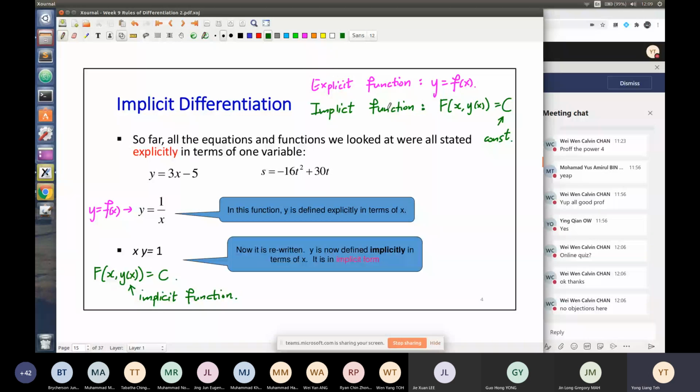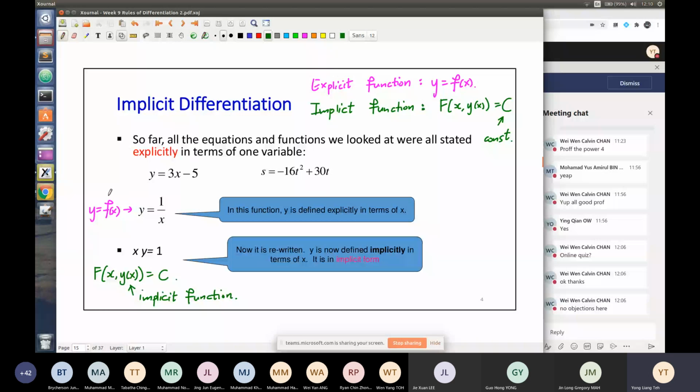Follow so far? Now, for an explicit function, you can always write it as an implicit function. However, I think you have seen those equations before: some implicit functions cannot be rewritten in the explicit form.